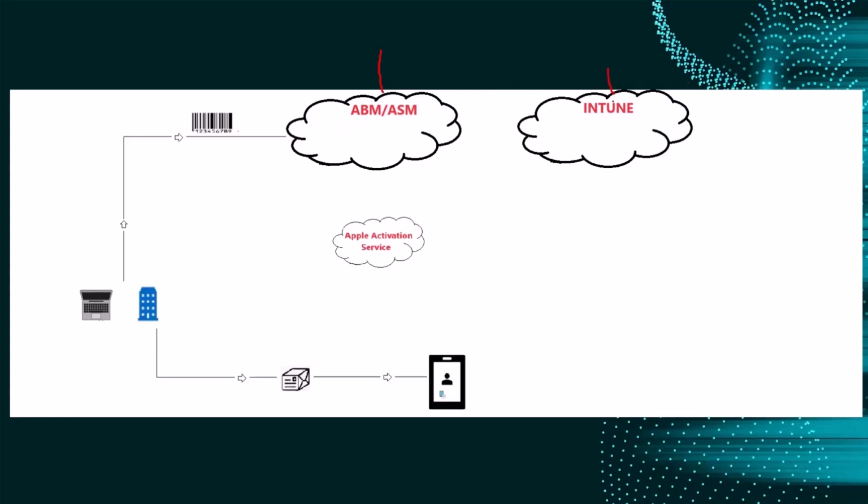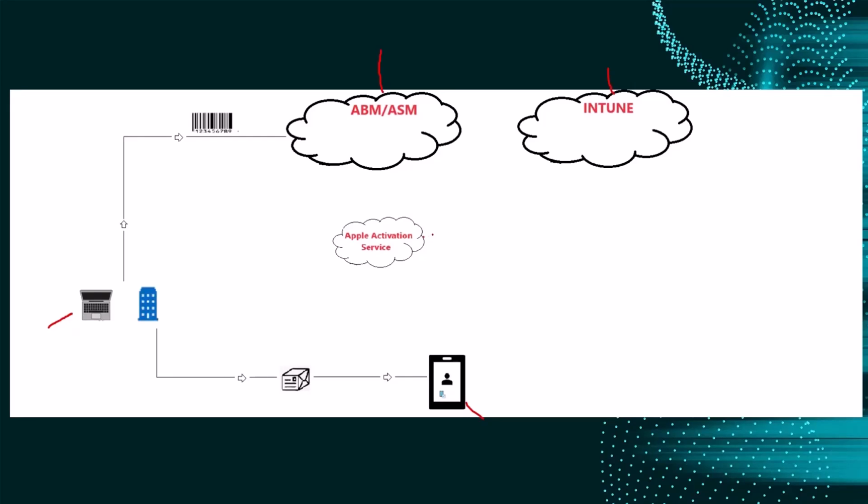Then I have Intune over here. Intune, we already know it's an MDM, it's a SaaS on Azure, and it's also hosted in the cloud. This is the mobile device which I'm planning on powering on. And this is where the admin sits. This is the admin's laptop. Okay.